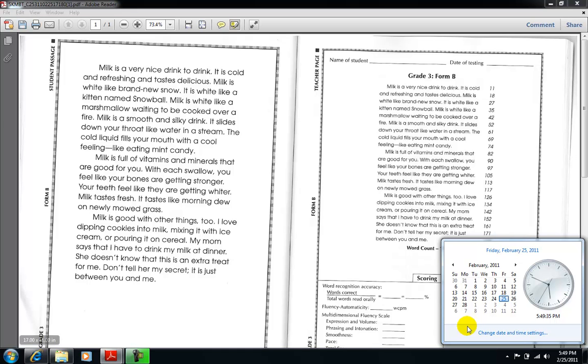Milk is a smooth drink. It slides down your throat like water in a stream. The cold liquid fills. All right, so I stopped after fills.